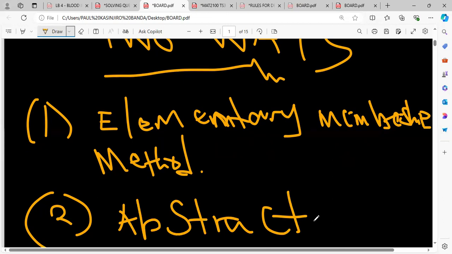Maybe you may not understand what I'm trying to explain, but with the examples you're going to understand. So I'll pick one identity, and then we are going to prove it both ways. We are going to prove it using the elementary membership method, and then we are also going to prove it using the abstract method.